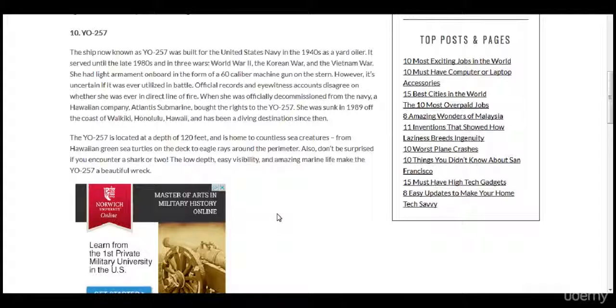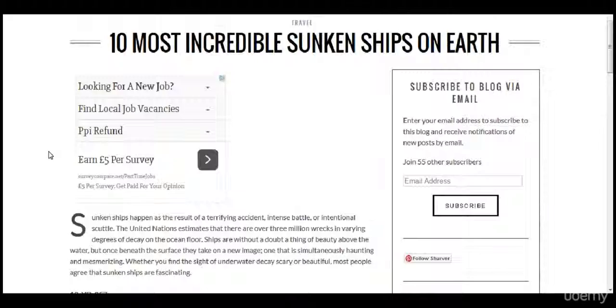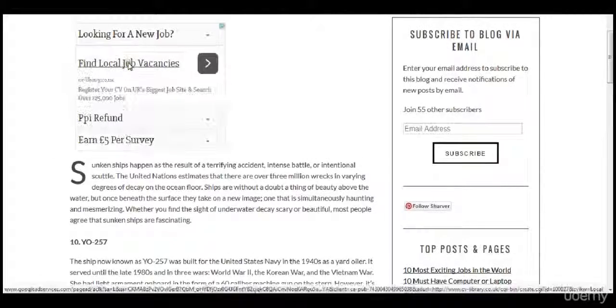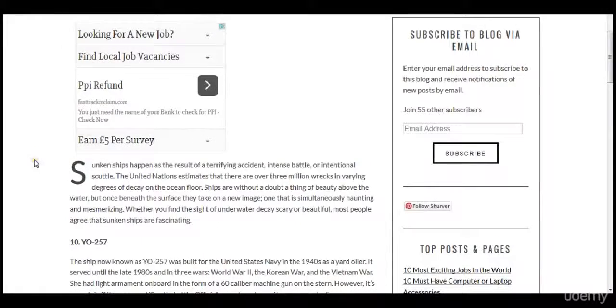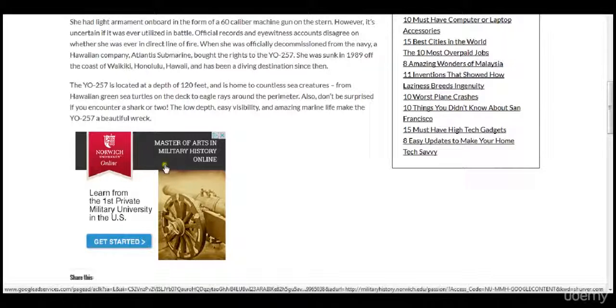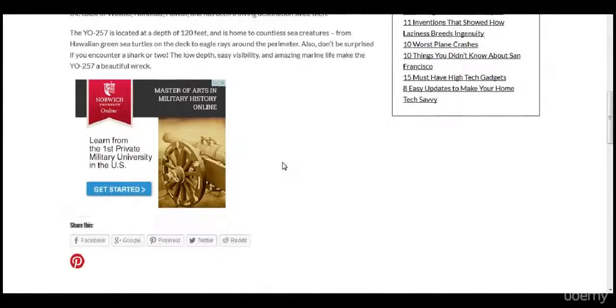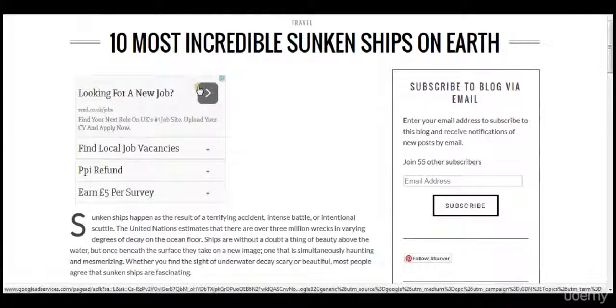The reason is that it's a bidding system, and they filled this one with the highest bid. Basically, this one will always make the most money if it's at the top, and then the second one will make the second most. It just goes down the line that way. So what you need to do is try to have your best paying ad at the top.